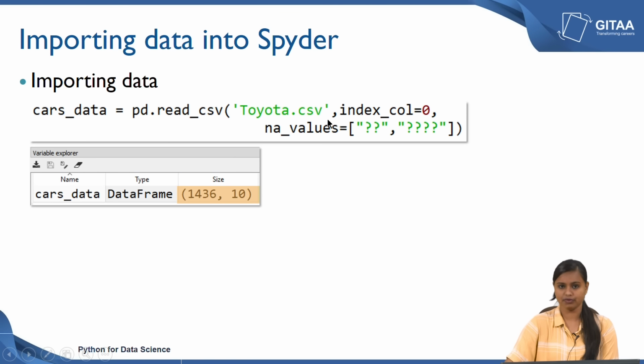Since it is in CSV format, I have used pd.read_csv, and while reading itself, I have considered all the missing values as the default NaN values, and I have saved it to an object called cars_data. Now, cars_data is a data frame. When we look at the size of the data frame through the variable explorer, you can see that it has 1436 observations with 10 columns, and now we are very familiar with what the Toyota data is about. They are just the details of the cars.